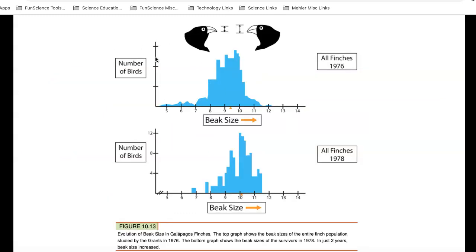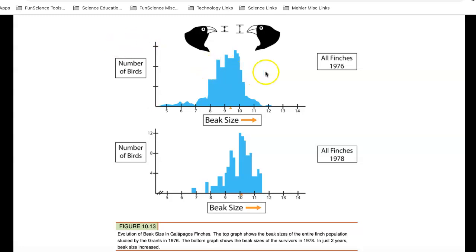Another thing that I'd like you to take a look at is, many years ago, we believed that evolution of bigger animals would take place very, very slowly, like maybe over millions of years. But there were two biologists who were studying in the 1970s in the Galapagos Islands. Their names were the Grants, and they discovered that even when there was a slight decrease in the environment, there was change.